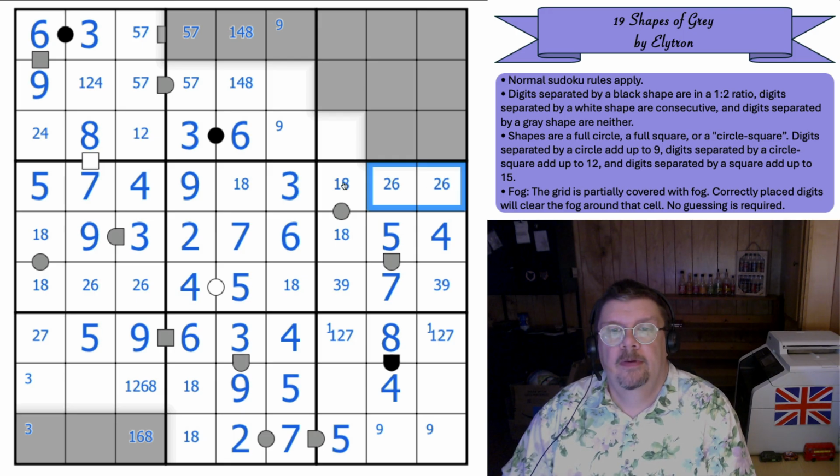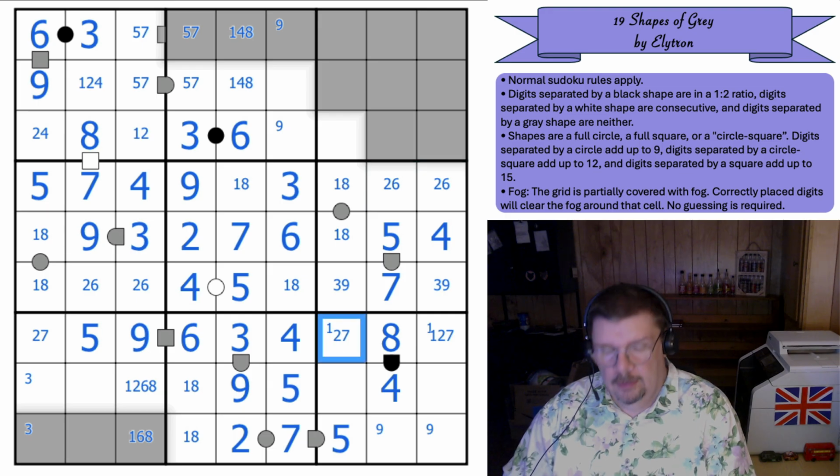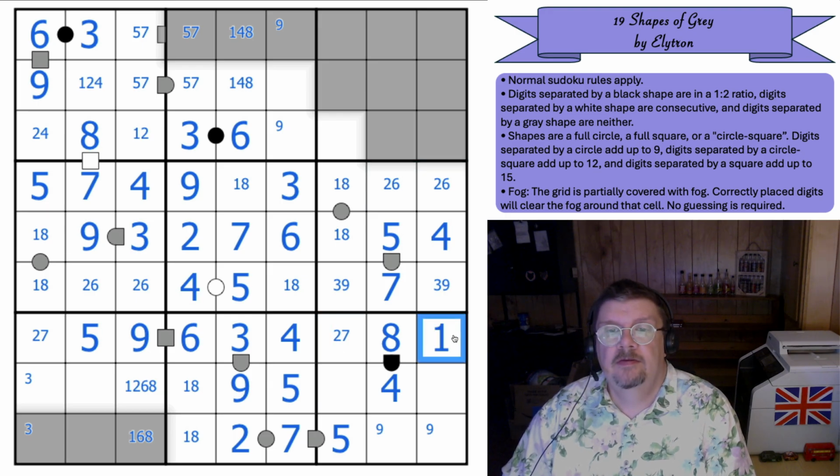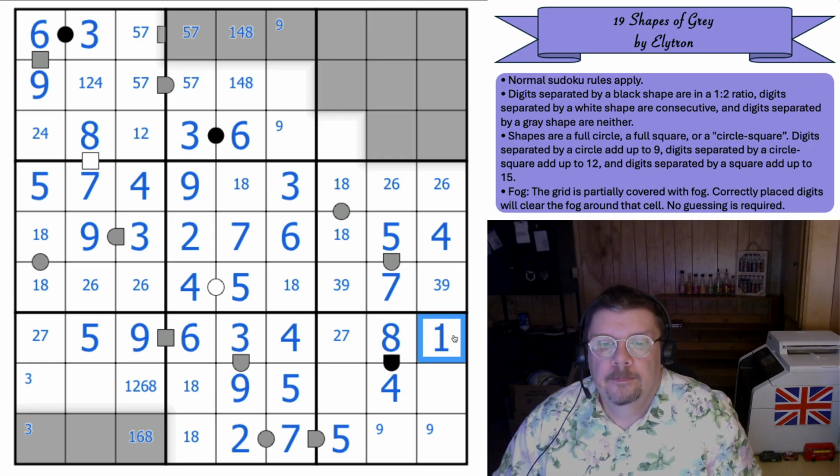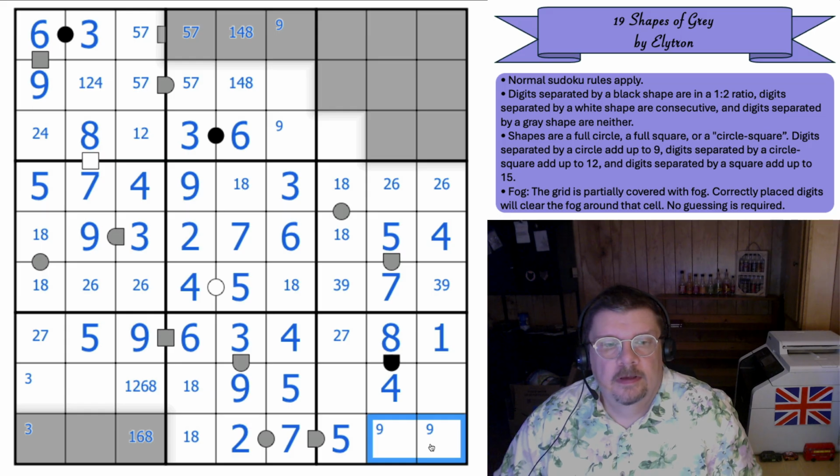Don't think I know the order, but this 1, 8 pair means that that is not a 1, and that is 7 is not in one of those two. Okay, never mind. Let's ignore that for now.